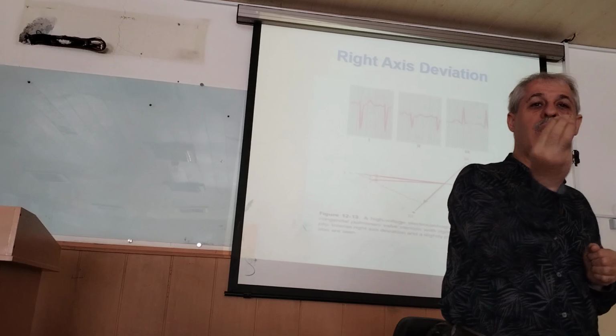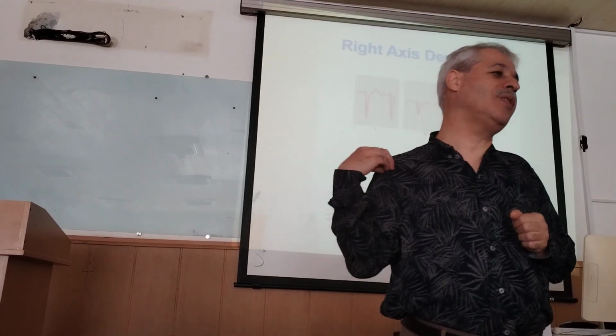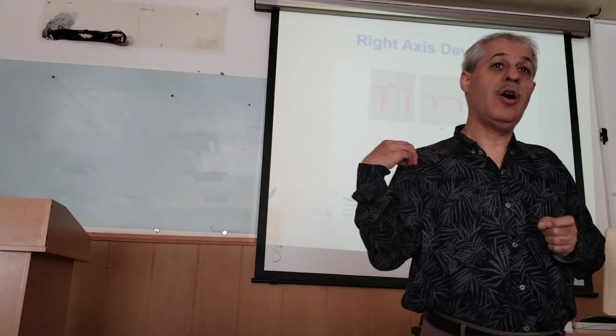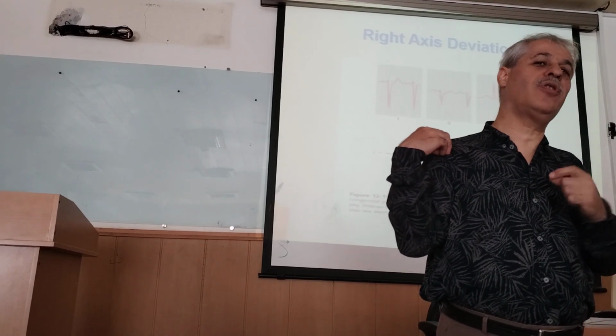Now I can put the positive pole on my right hand. This is the augmented vector for right hand.